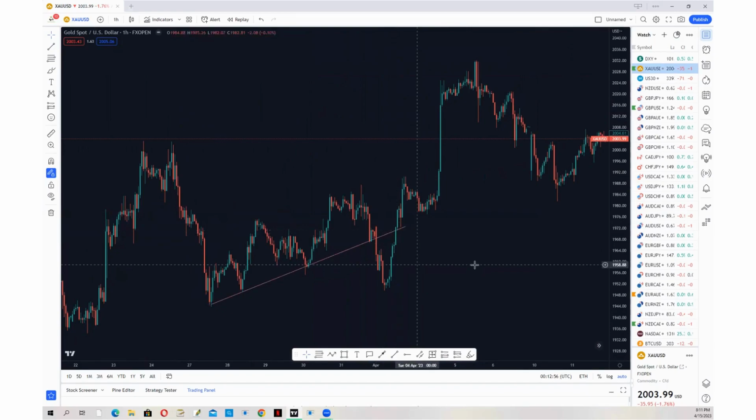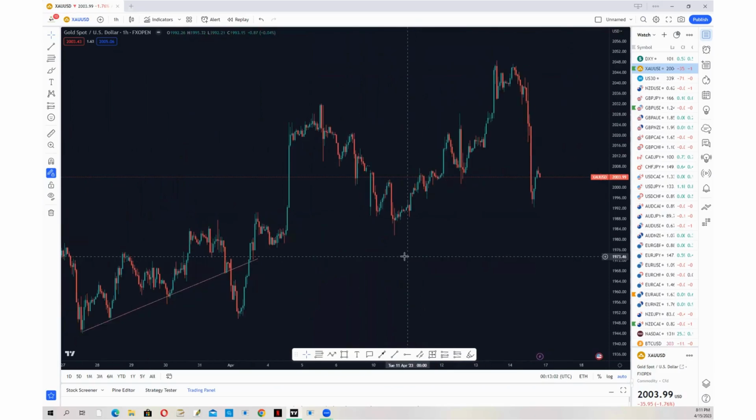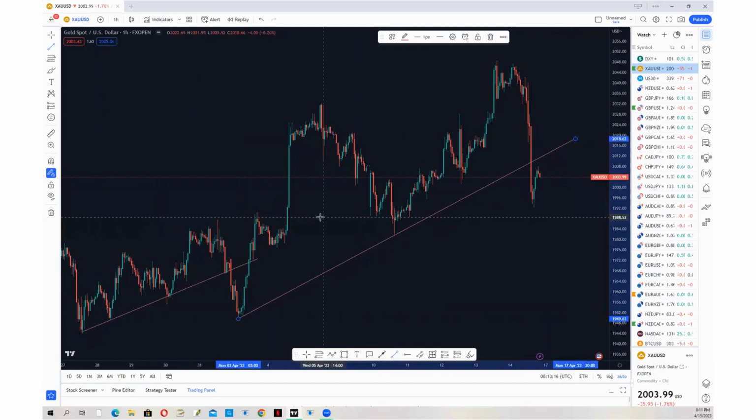All right, so that is pretty much it. It's not something that's really complicated. You just have to know what it is that you're looking for and wait for whatever it is that you're looking for in terms of confirmations. You can draw a trend line from pretty much anywhere price is in the market. So you see this is 1, 2.